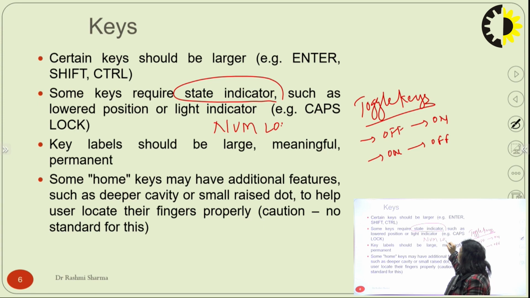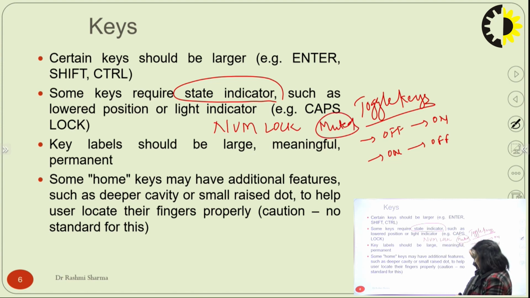These keys are usually the keys which have a light indicator on them. Similarly, you might have seen the volume button on your keyboard. It does not show an indicator for the maximum volume or any volume between 1 to 100, but if it is muted, then that key has a light indicator.